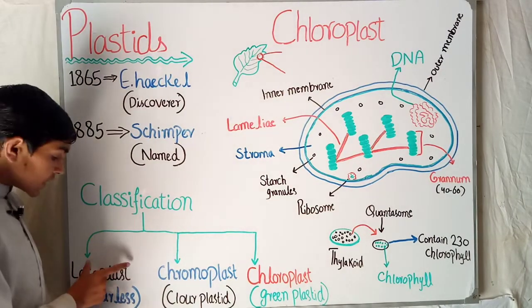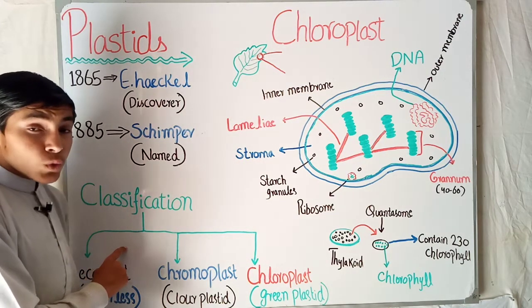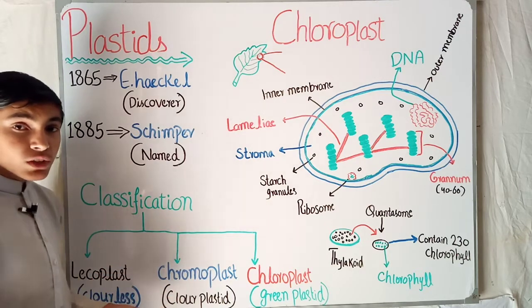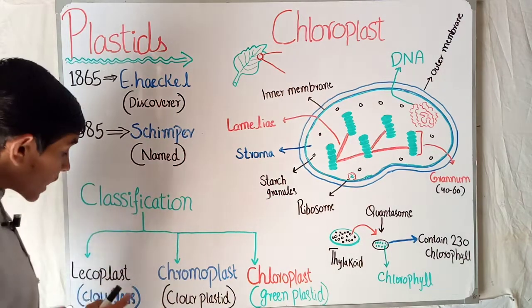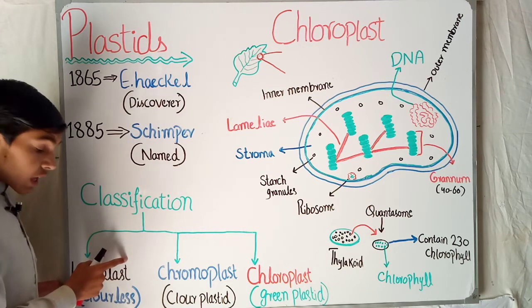These are therefore called leucoplasts, and they are mainly present in those cells which store food, like in roots, where plants store food. Therefore it is called a leucoplast.